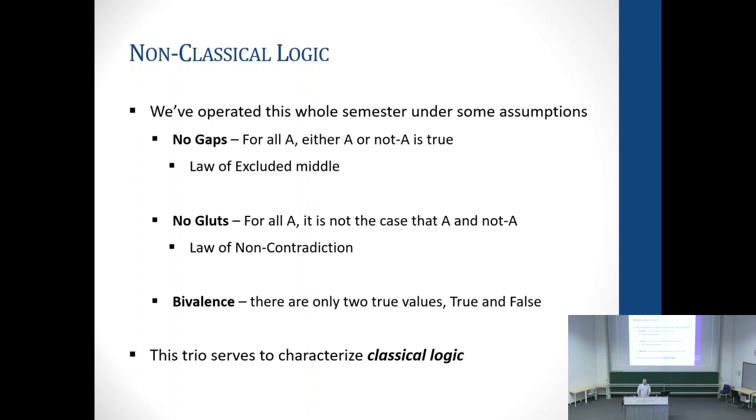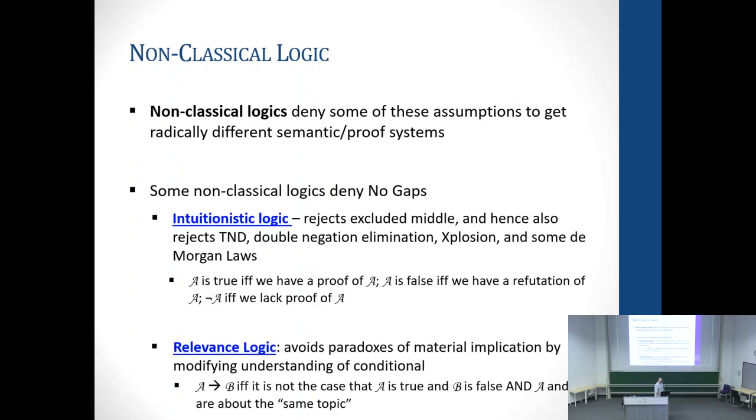So we have other tools that deny some or all of these assumptions. And these are non-classical logics. Non-classical logics are going to get rid of some of these assumptions, and they're going to give us radically different semantical approaches or radically different kinds of proof systems.